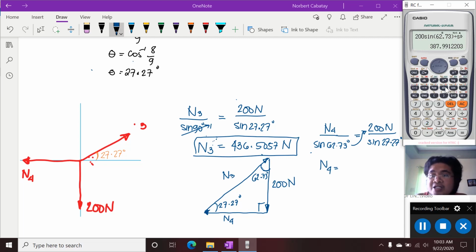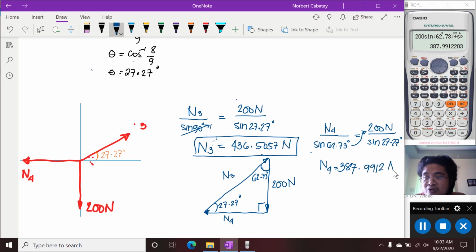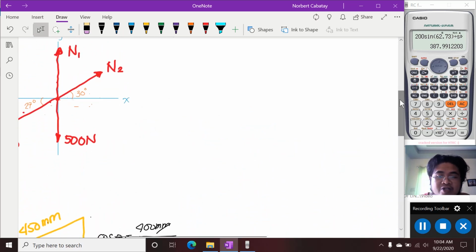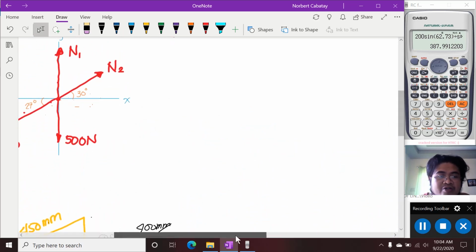Yan, equals, so you have 387.9912 newtons. Ayan. So, kung na-solve ko na yan, pwede ko nang solvein yung sa kabilang FBD dito. So, how can I solve for this?